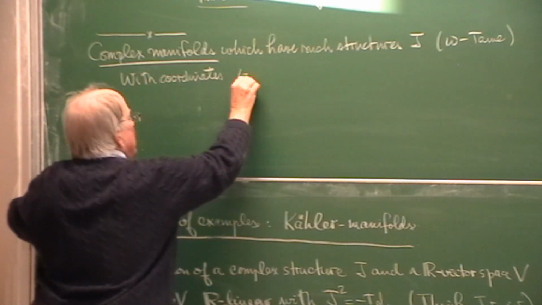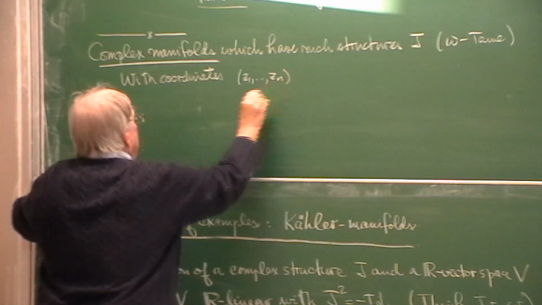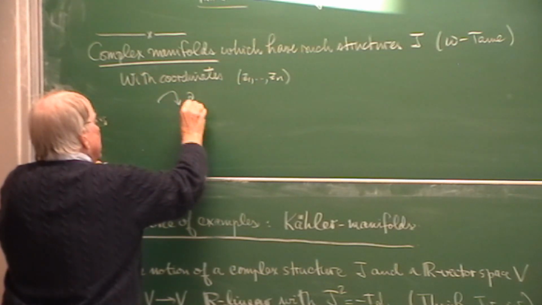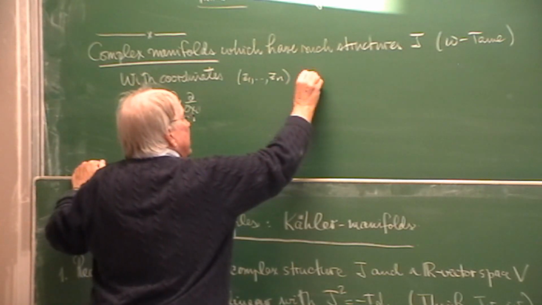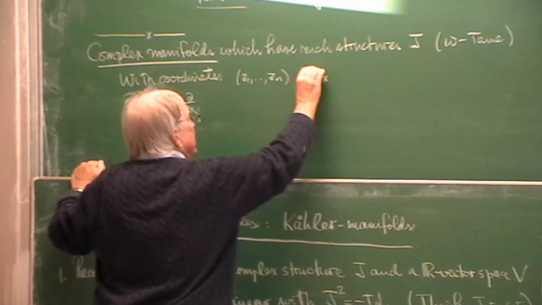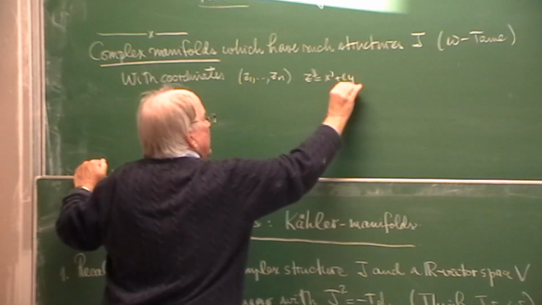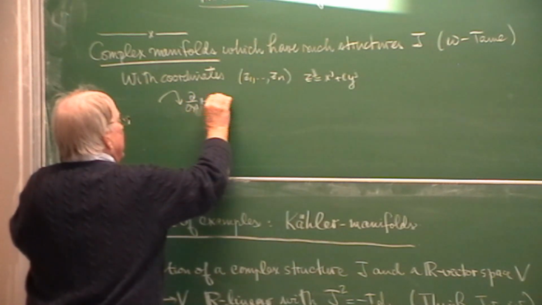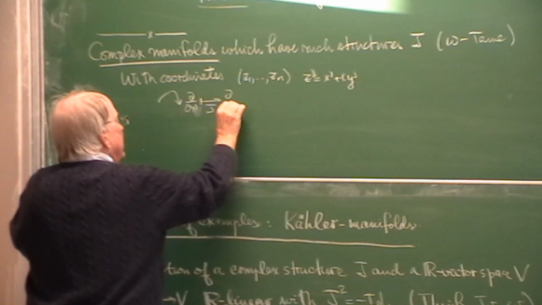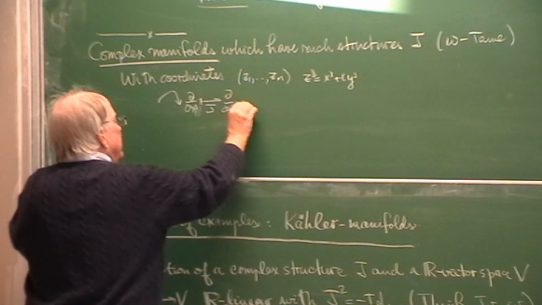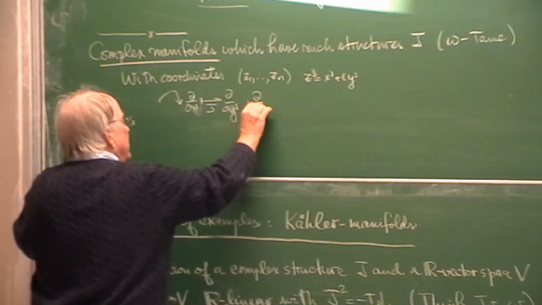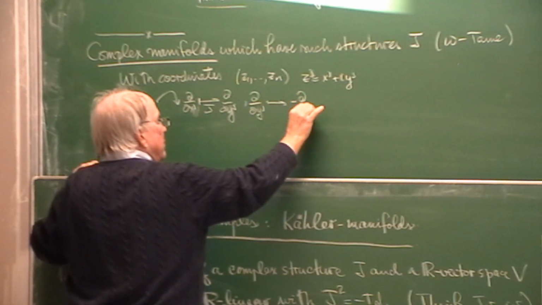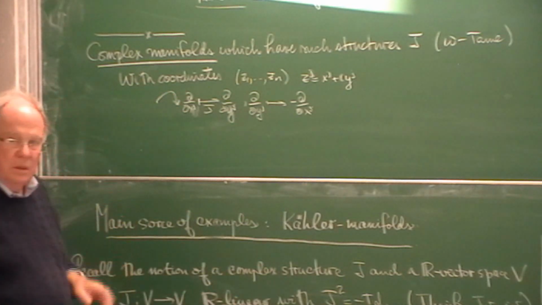So I mean with coordinates z1 through zn, these coordinates give you ∂/∂xi, so zj equals xj plus i yj, and ∂/∂xj is mapped by J to ∂/∂yj, rotation by 90 degrees, and ∂/∂yj is mapped by rotation to minus ∂/∂xj.